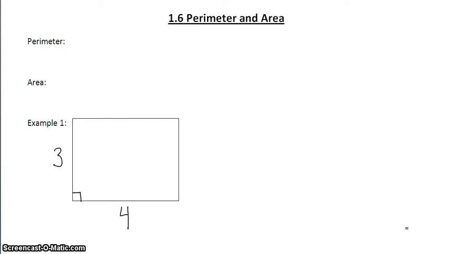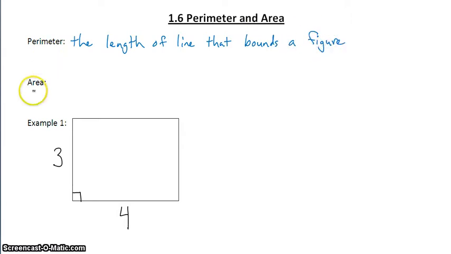The two concepts we're going to cover today are perimeter and area. The perimeter of an object is the length of the line that bounds a figure. The area of a figure is related to the perimeter, but they measure different things.